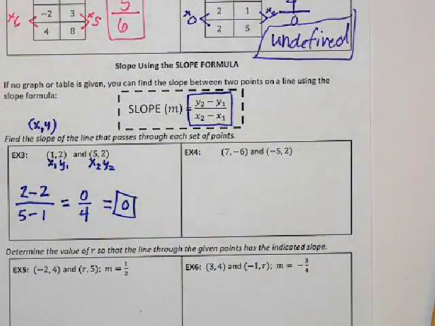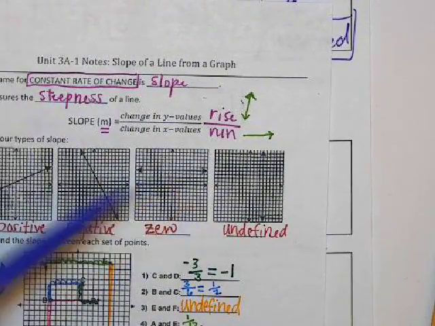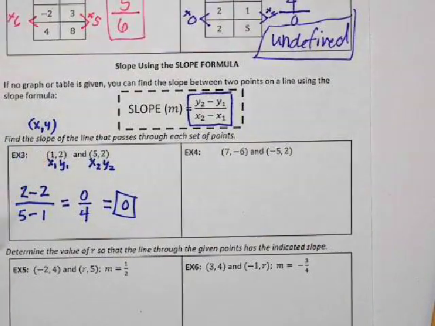So if I have 0 slope, my line would go side to side. If I was to graph these points, they would go side to side. Questions?